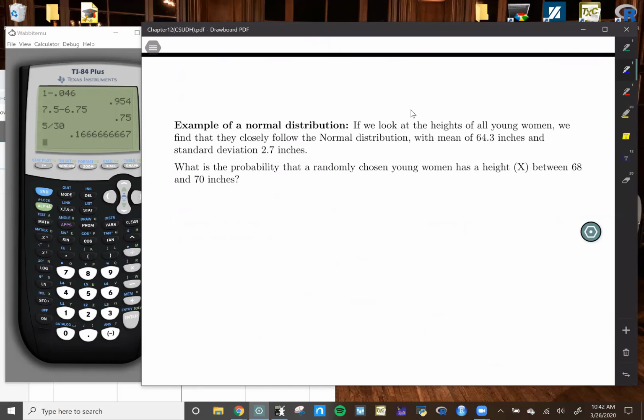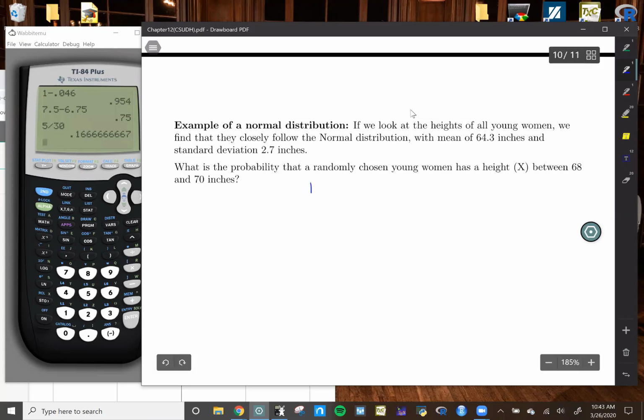So this one's an example of a normal distribution. So this is technically something we already did. Say we look at the height of all young women, and we find that they closely follow a normal distribution with a mean of 64.3 and a standard deviation of 2.7.